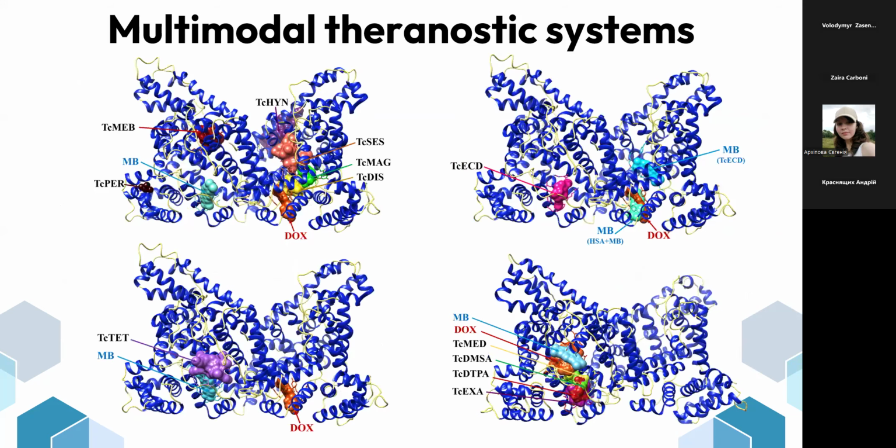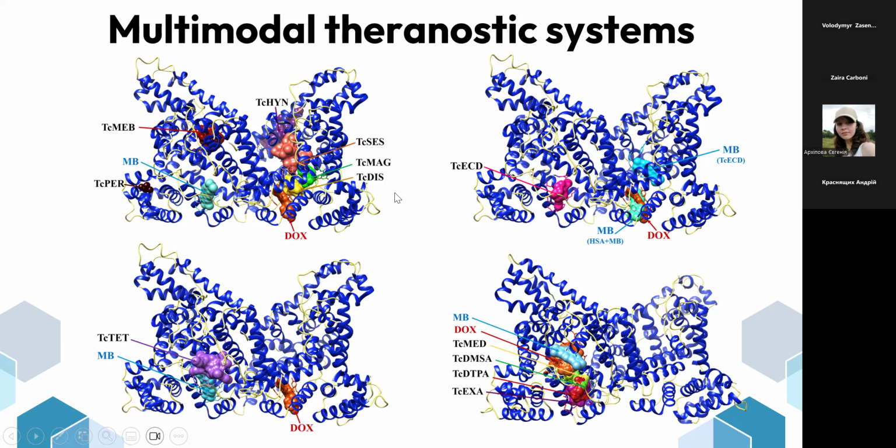In the next step, we tried to obtain systems with dual imaging modality. Once again, here are the structures of the resulting complexes, which contained everything that we could have: radionuclide, fluorescent dye, and the antineoplastic drug doxorubicin.